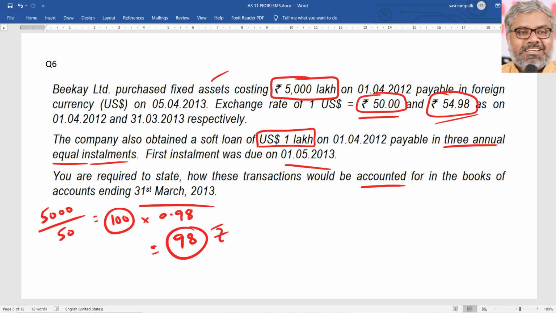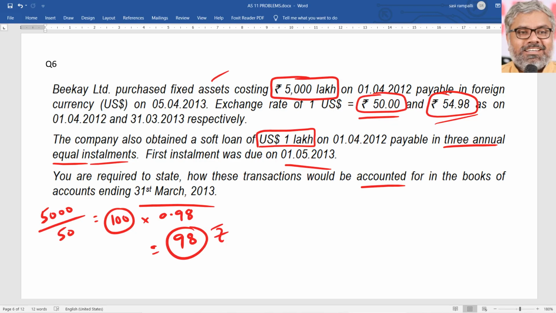They can be added to the cost of fixed assets. That is one possible treatment. Another possible treatment is that this 98 lakhs rupees can be charged off to P&L also, no problem. Since the payable is a monetary item, the difference in exchange rates can be charged to the P&L account.